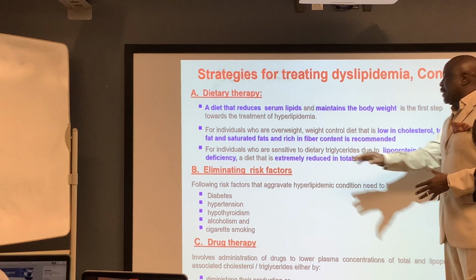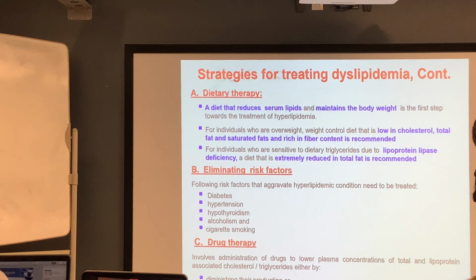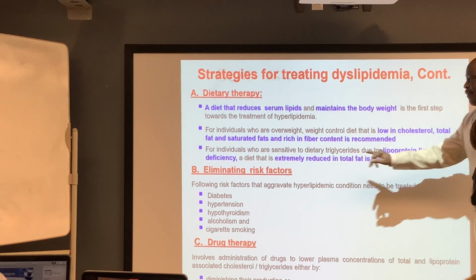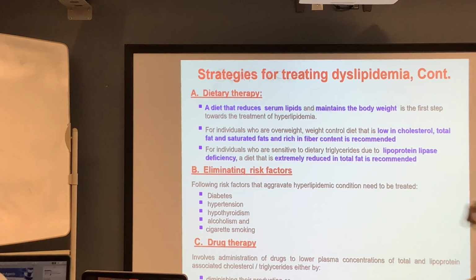But for those who are sensitive to dietary triglycerides, because they are deficient in lipoprotein lipase. Lipoprotein lipase is the one that's involved in lipolysis that breaks down fat. So these individuals have a deficiency of this enzyme, so they cannot metabolize the fat the way they have to do.